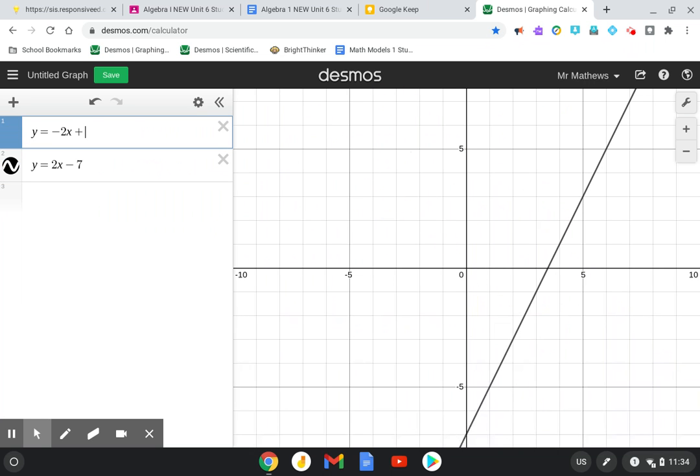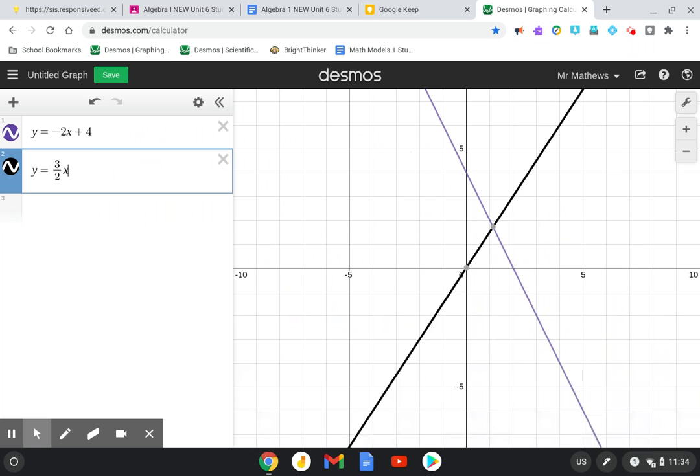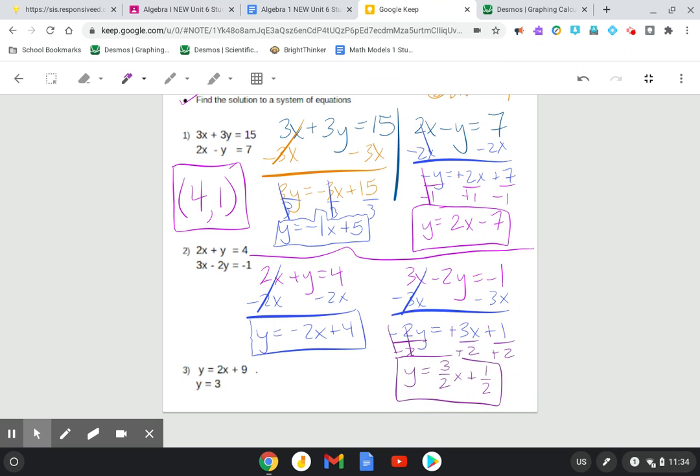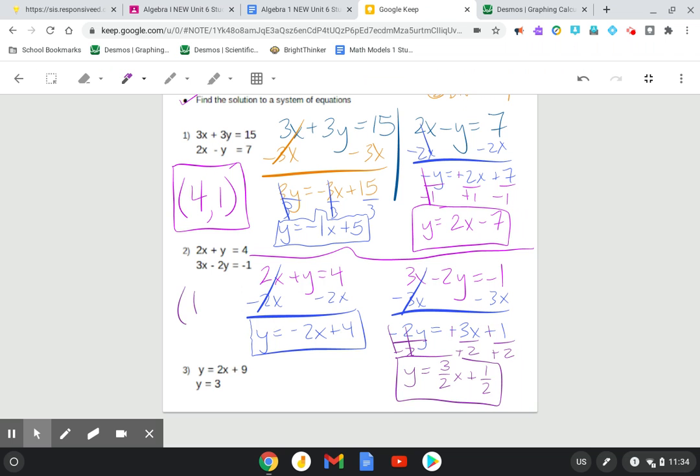We have negative 2x plus 4 and 3 over 2x plus 1/2. Let's make sure I got that typed in right. Negative 2x plus 4 and 3 over 2x plus 1/2. We see they intersect at the point 1, 2. So that would be the solution for number 2.